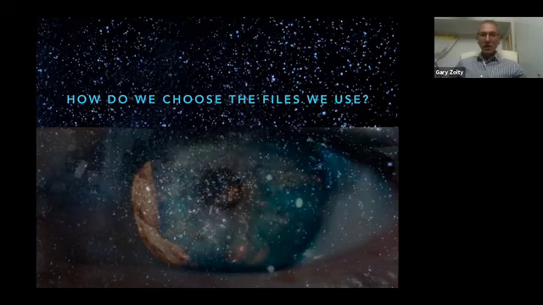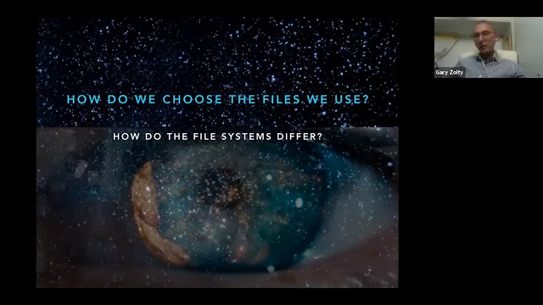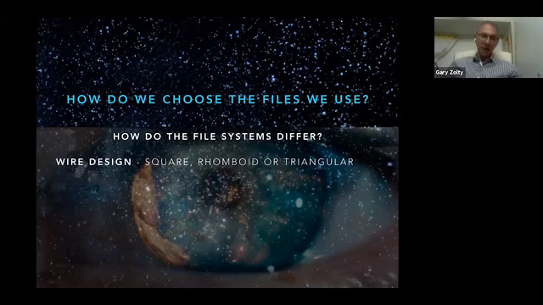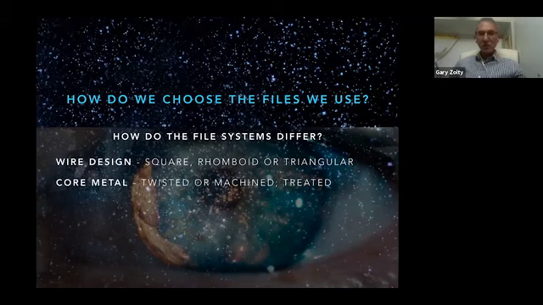So again, we ask, how do these file systems differ? If we were to choose a different file system, why would we do that? Looking at our own files, how do they differ in reality? By the wire design, they could be square, rhomboid, or triangular. Just before we move on, the square and rhomboid are slightly more robust, but not as flexible as the triangular type of wire.